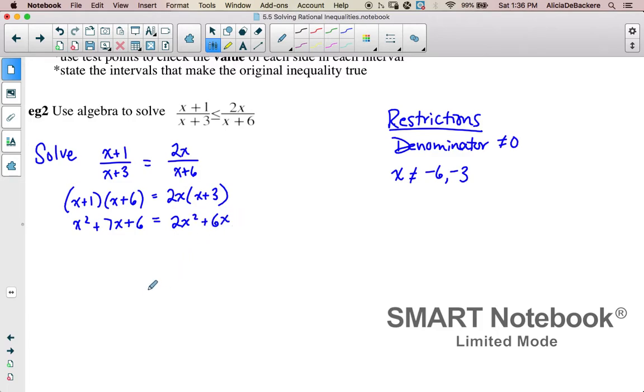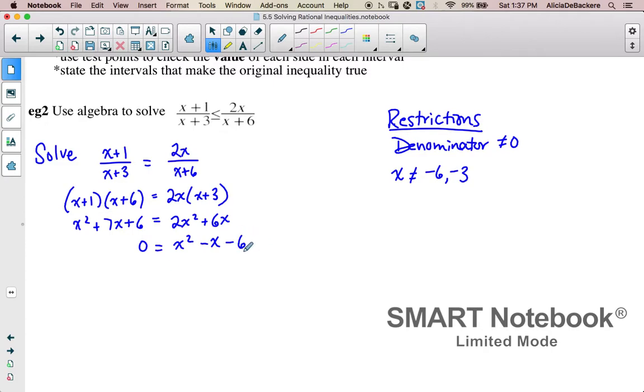All right, now that I have it all expanded, I'm going to collect all the terms on one side and make it equal to 0. I'm just choosing to make my x squared term positive. That's why I'm moving to this side here. I solve 6x minus 7x, it's -x, and then minus the 6. To solve this, I'm going to try and factor it if I can, and if not, I'll use the quadratic formula.